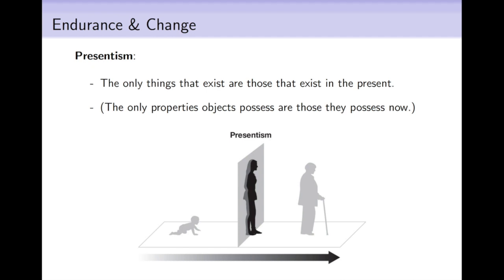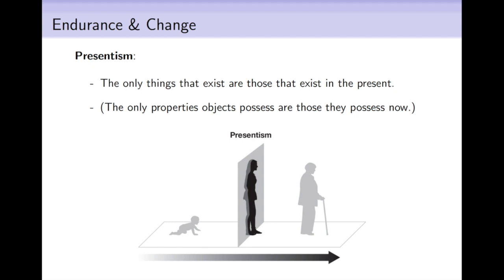But presentism is a view that only the present exists, and so in a sense, obviously, it seems to follow that ordinary objects are three-dimensional, not four-dimensional, because reality is only three-dimensional. Only the present exists, so it's only the three spatial dimensions that instantaneously exist, right?